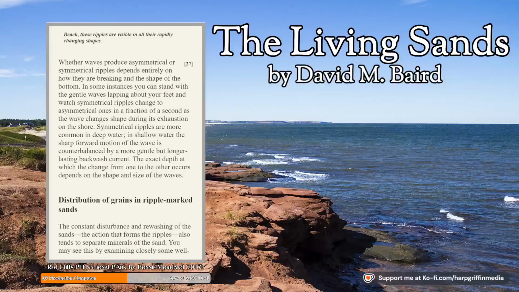Whether waves produce asymmetrical or symmetrical ripples depends entirely on how they are breaking and the shape of the bottom. In some instances, you can stand with the gentle waves lapping about your feet and watch symmetrical ripples change to asymmetrical ones in a fraction of a second as the wave changes shape during its exhaustion on the shore.